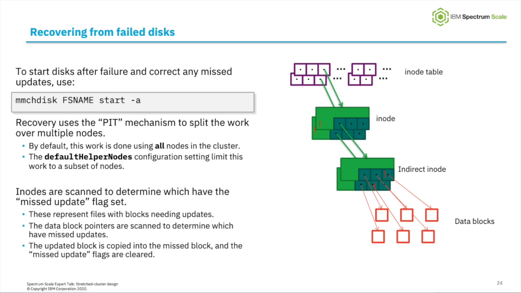We can parallelize this work over multiple nodes and with many threads. We're scanning the inode table and are able to very quickly figure out which blocks we need to update, and we just update those blocks. So it's a fast process, and many nodes are involved in this data movement as well.